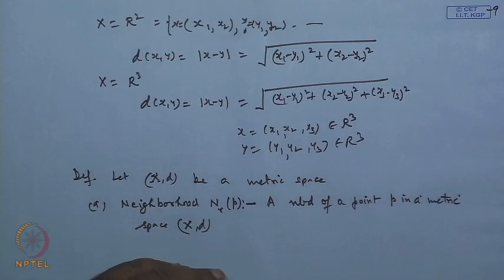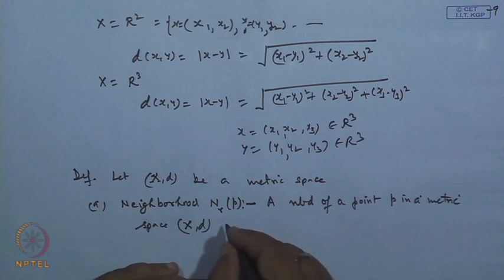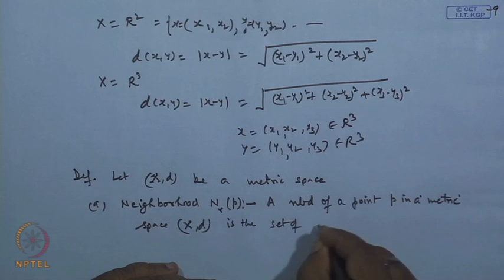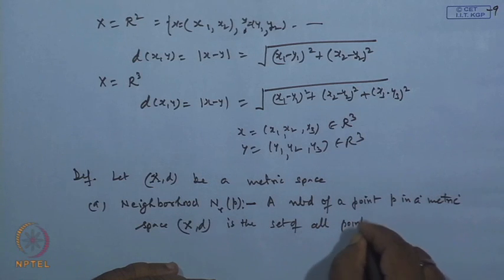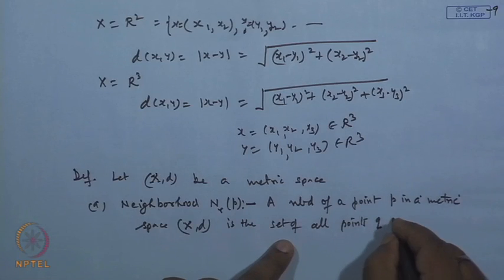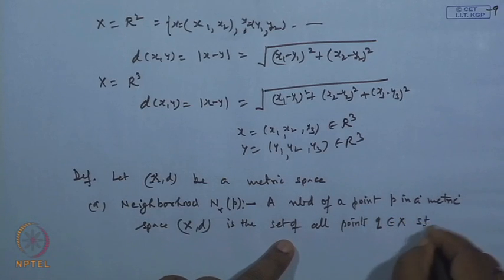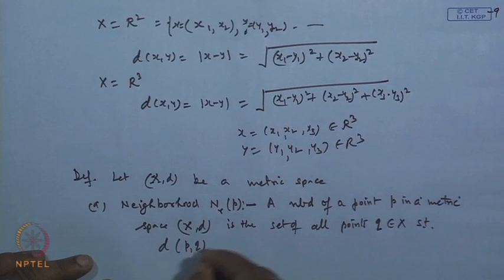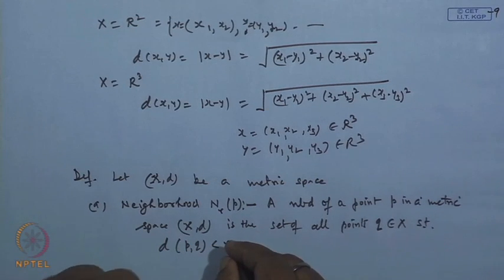is the set of all points Q belonging to X such that the distance between P and Q is strictly less than r.